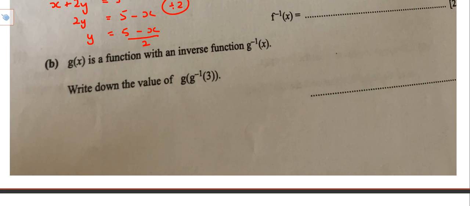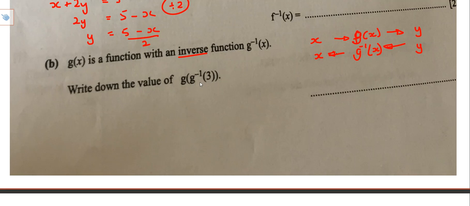so this one, g of x, is a function with its inverse, g inverse of x. Now the inverse, basically, if I start with x and I apply a function of x, or in this case it's g of x, I get a value y out. Now that means that y goes in. If I apply the inverse function, I get the x out.